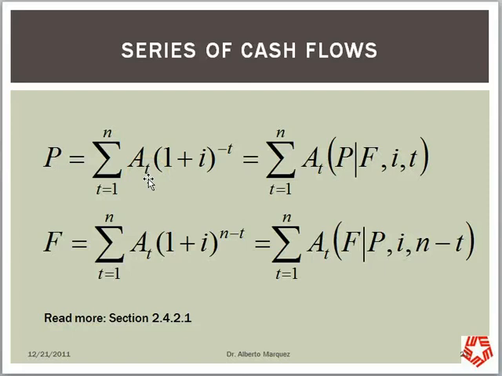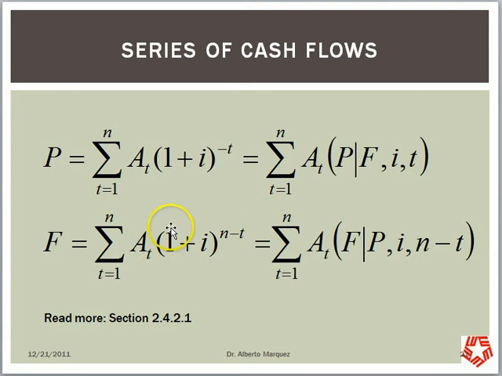In the same manner, we can compute a future value as the summation of these cash flows A times the factor F given P for i and N minus t for each one of these cash flows.